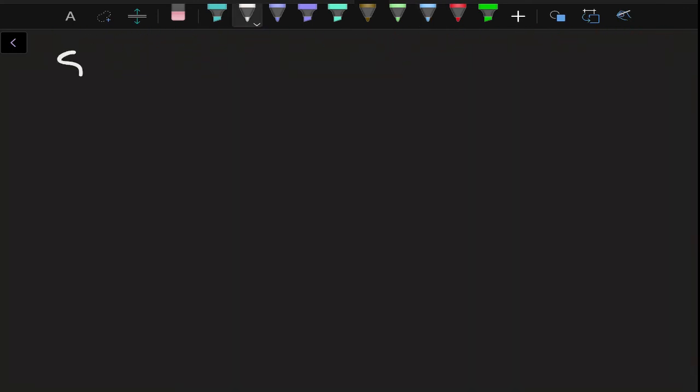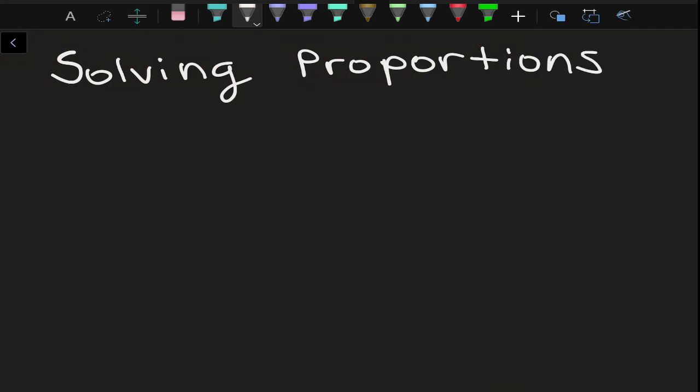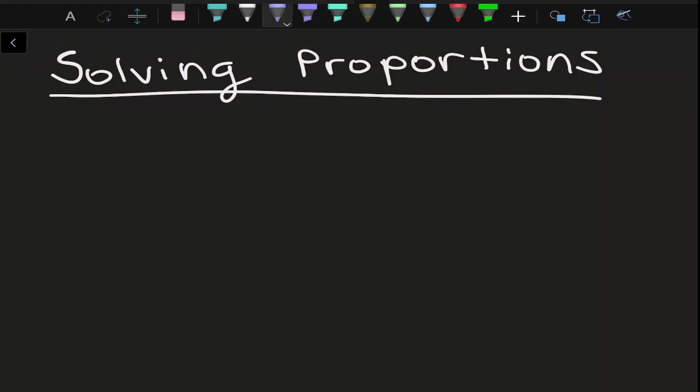So now we're going to move on to solving proportions. When solving proportions, we will know 3 quantities, and we will have 1 quantity that we don't know. So to solve for this unknown value, again, we're going to cross multiply. So it'd be something like, I have value A over B is equal to question mark over C. And we're going to do the same thing that we did earlier, and we are just going to cross multiply.